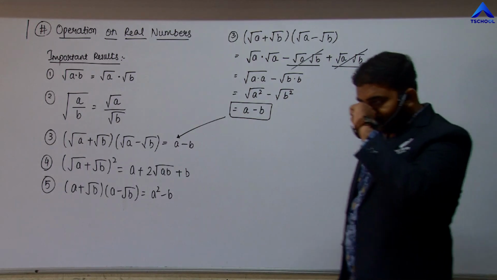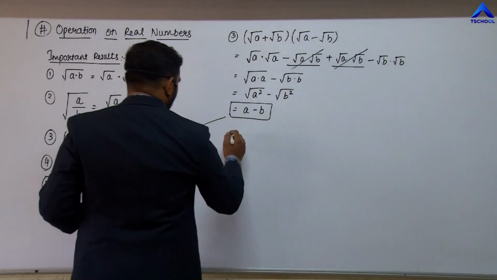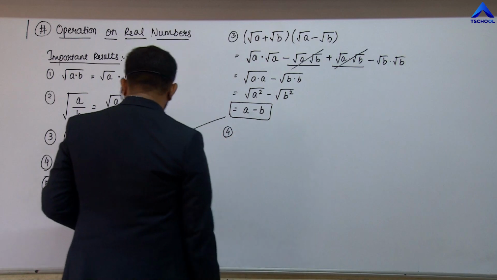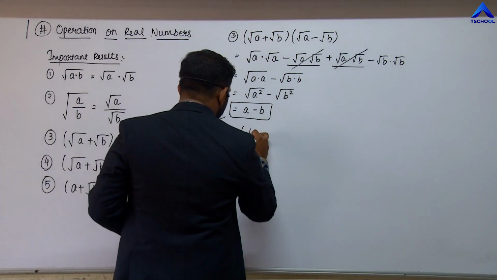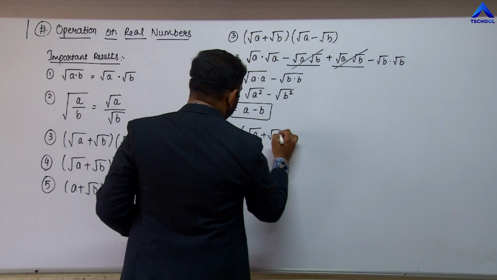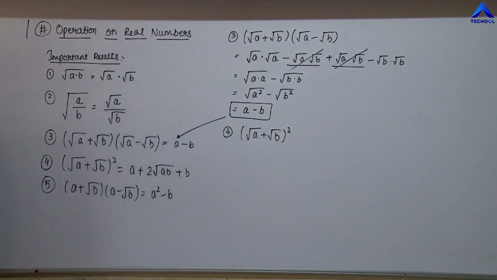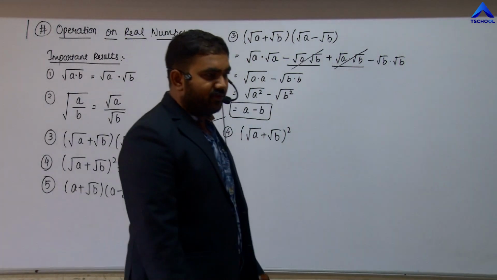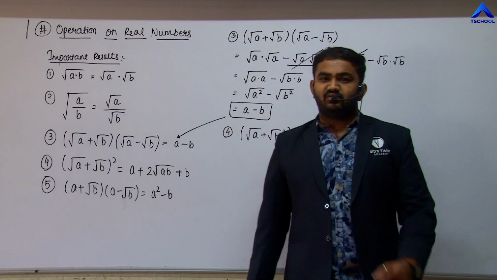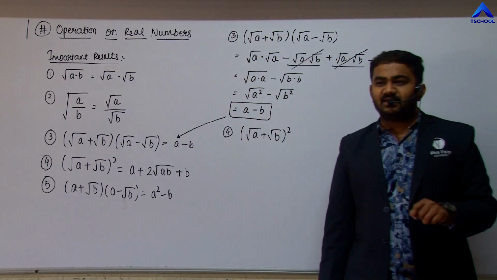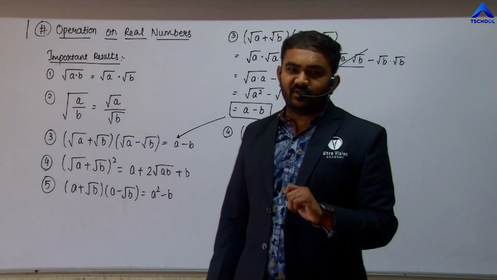Okay. Now deriving this fourth one, the fourth one is square root of a plus square root of b whole square. Again you might have come across a formula in the previous classes, that a plus b whole square leads us to a formula, that is a square plus 2ab plus b square, right?